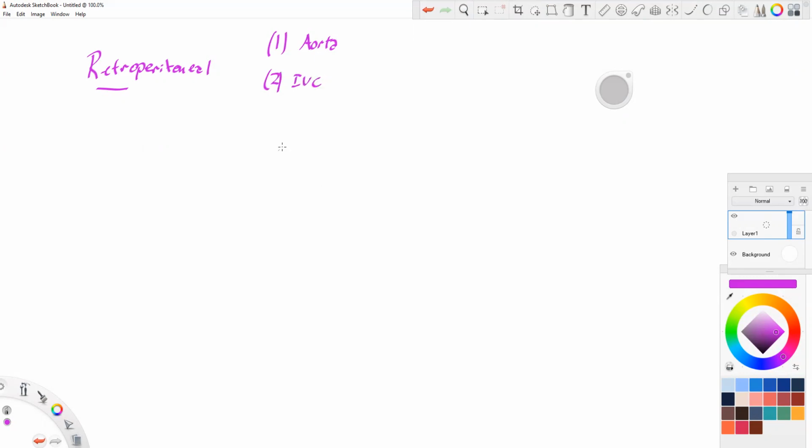Because these are both in the retroperitoneum, and therefore easily discoverable by ultrasound. So therefore, they are in the picture as well. And of course, any masses you see in this area, like lymph nodes or any cancers, normally we don't see.